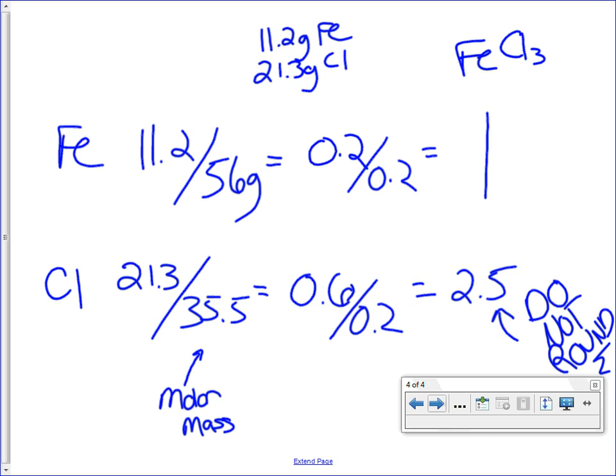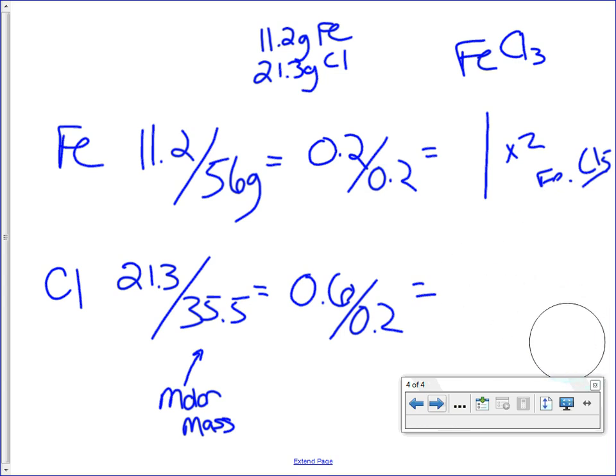In this case, if I multiply by 2, and I think that's as hard as it will get, you'll multiply this one by 2 and this one by 2 to keep the ratio the same. You'll end up with Fe2Cl5. Check those numbers. Is that still empirical? In this case, yes, it is. But this one is not a case like that. That's about as hard as they get.